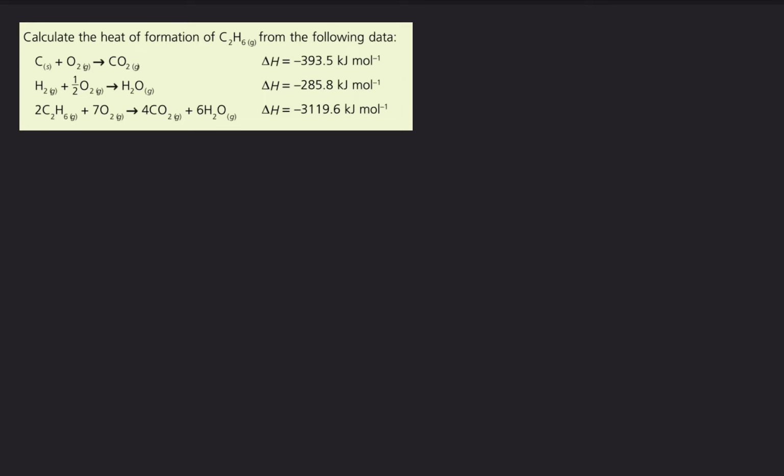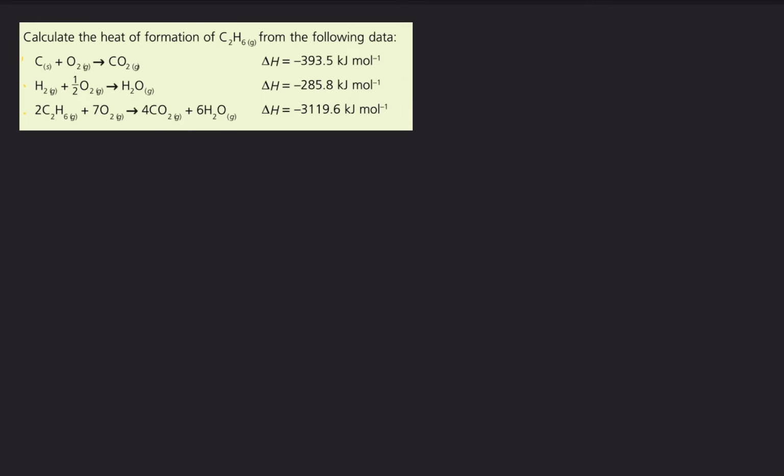Okay, so it's given to us, so let's see what it's asking. We have to come up with the heat of formation: how much energy is lost or gained when ethane is formed. They've given us 3 equations with 3 heat changes.